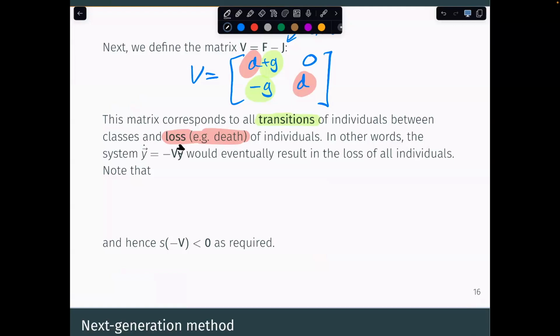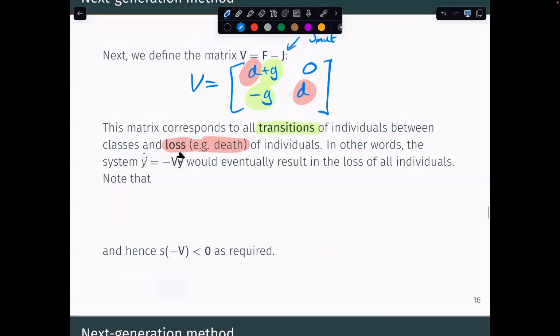This is true as long as there is loss. If you only have transitions and no loss, then this wouldn't be true. So it's a caveat here, assuming there is some loss. That's more of an aside.